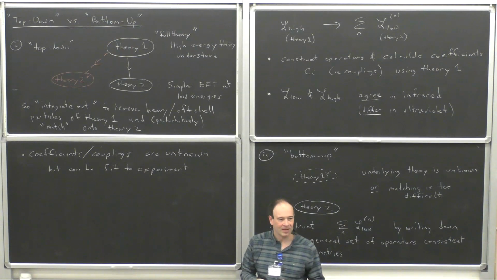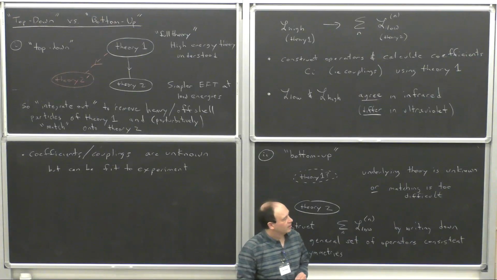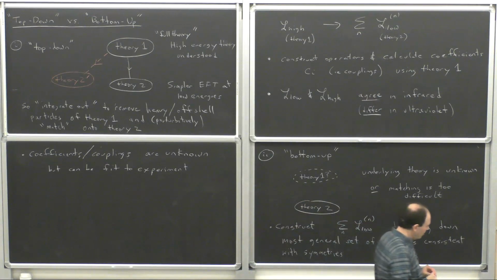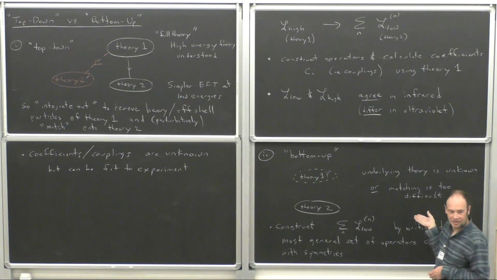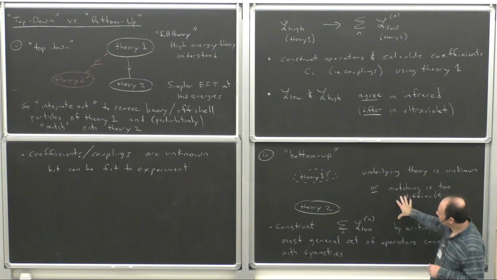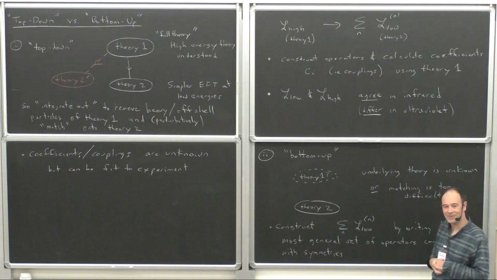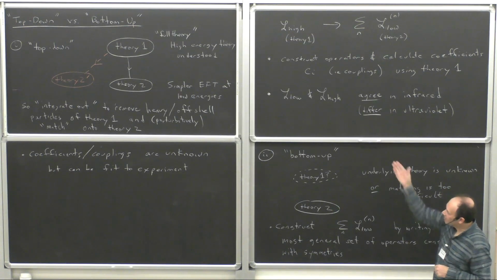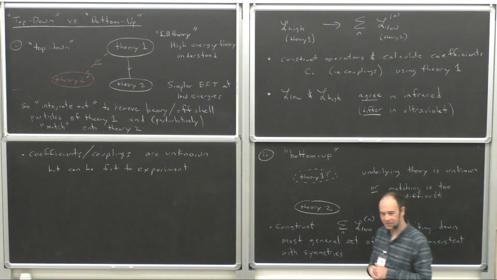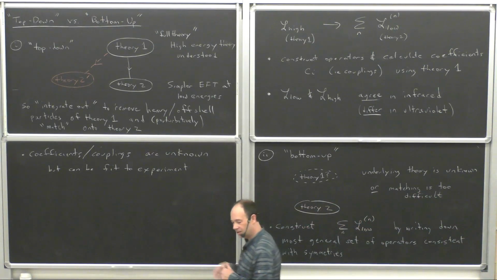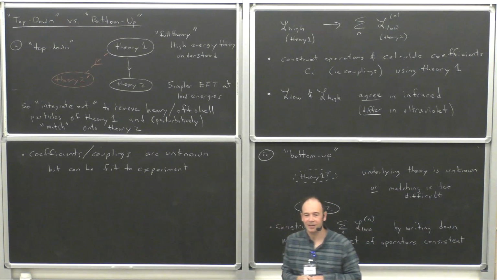Yeah. HEFT. So HEFT is a bottom-up effective field theory. HEFT is like SMEFT, where we don't need to do the matching, so it falls in this category. But thanks for speaking up. HQET is a top-down one, absolutely. You know the QCD Lagrangian, you can match onto heavy quark effective theory.